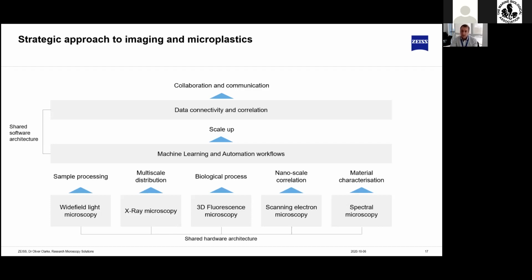And then ultimately, if we're really going to solve the big problem identified by the UN, which is making people understand that microplastics is a problem and to do something about it, then collaboration on a global level and communication is going to be very, very important. So that's the top of this pyramid.